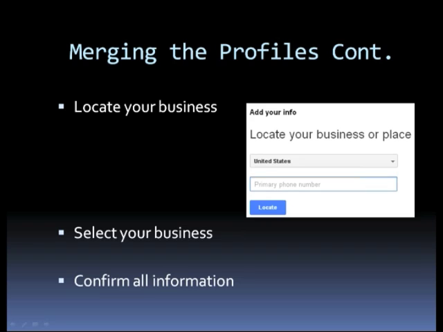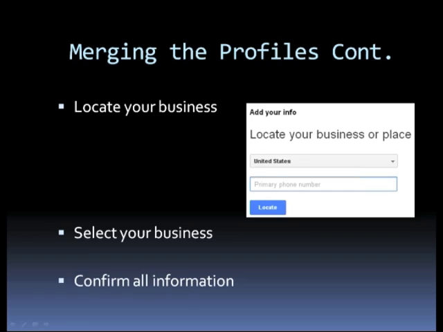So you're going to put in your phone number, you're going to hit locate. The next page appears with all of the information of your business. Make sure it is accurate. Make sure it is your business. Make sure that if there's 4 of them, you choose the correct one.